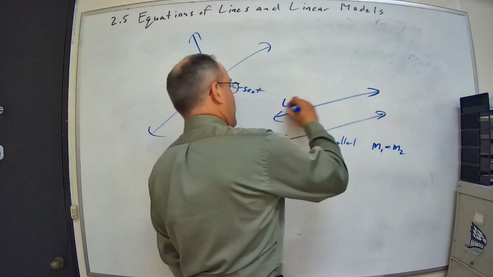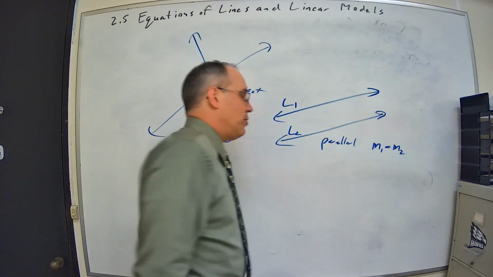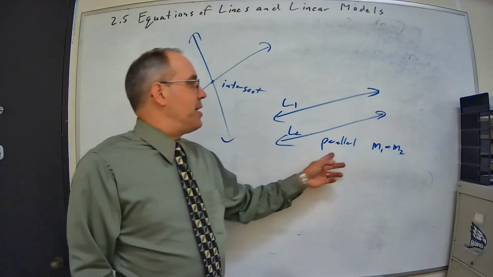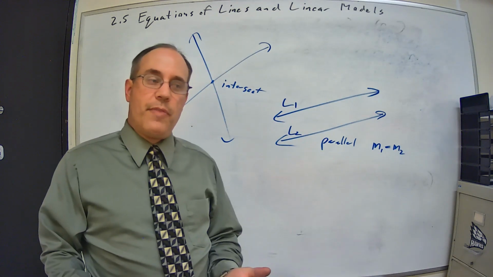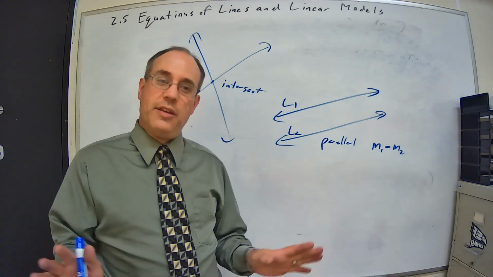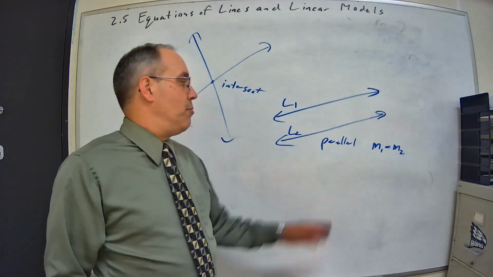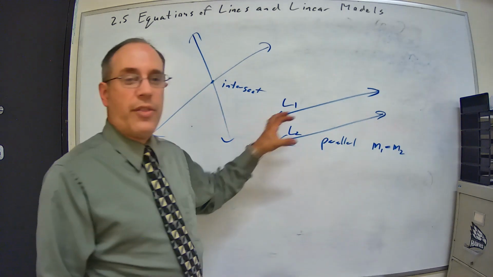So if we call this L1 and L2, line 1 and line 2, if these lines are parallel, then their two slopes are going to be the same. Now their y-intercepts will be different, but their slopes will be the same. That's how they stay constant.